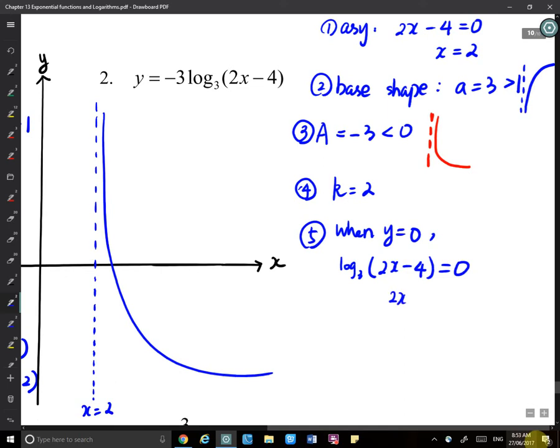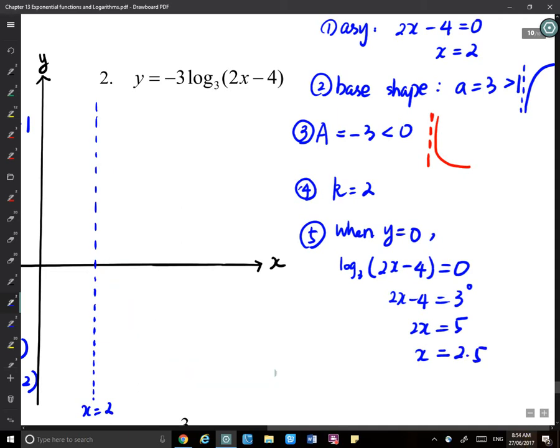So 2x minus 4 equals to 3 to the power of 0, which is 1. So 2x equals to 5. x equals to 2.5, 5 over 2. And 2.5 is here. That's your x-intercept.